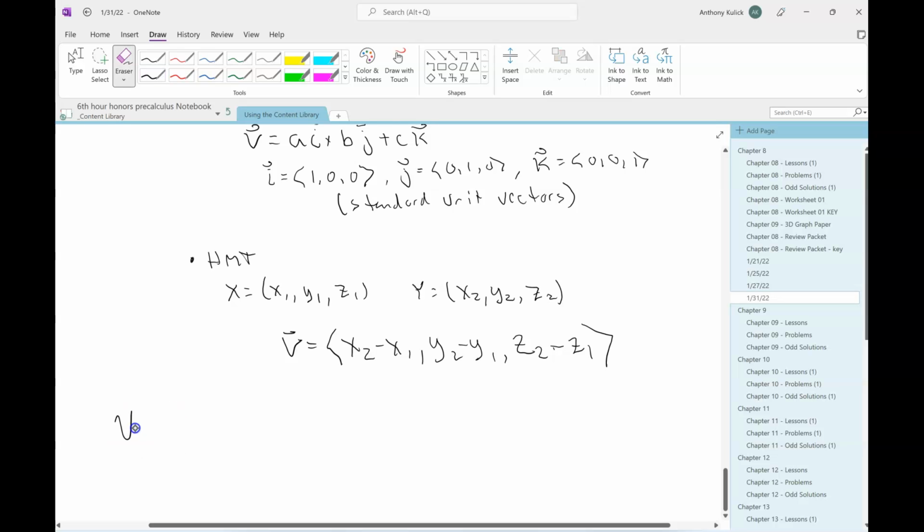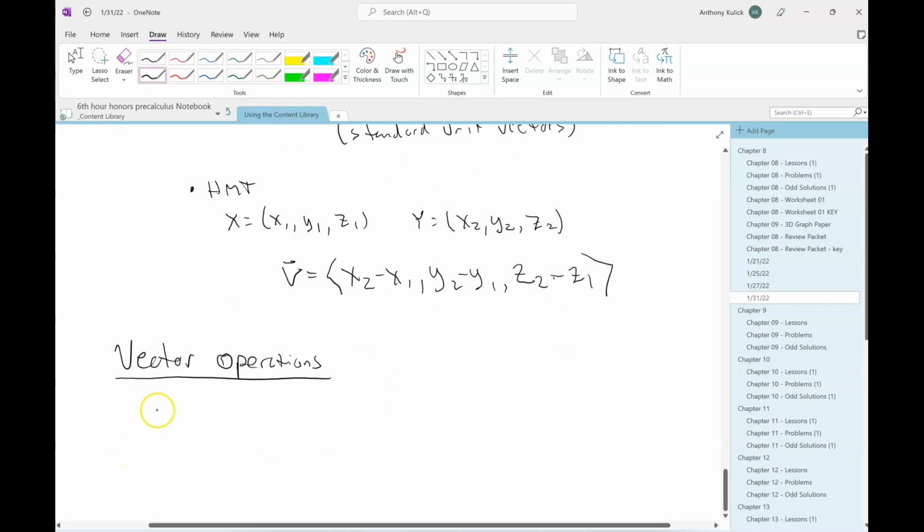So that's those different vector forms. Let's talk about vector operations.